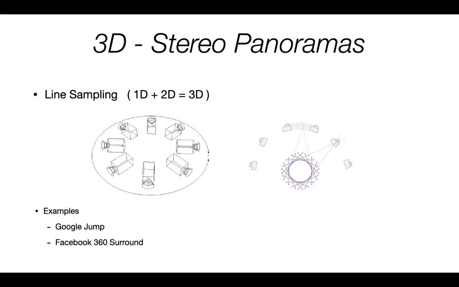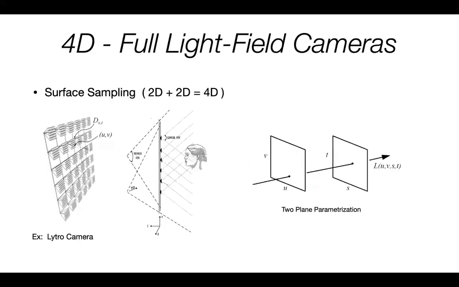And some examples of these stereo 3D panoramas are the Google Jump camera and the Facebook 360 surround camera. So these are special types of cameras from which you can compute a representation that you can use for 3D stereo VR. You put the glasses on and you see a 3D stereo image. And it's very convincing.